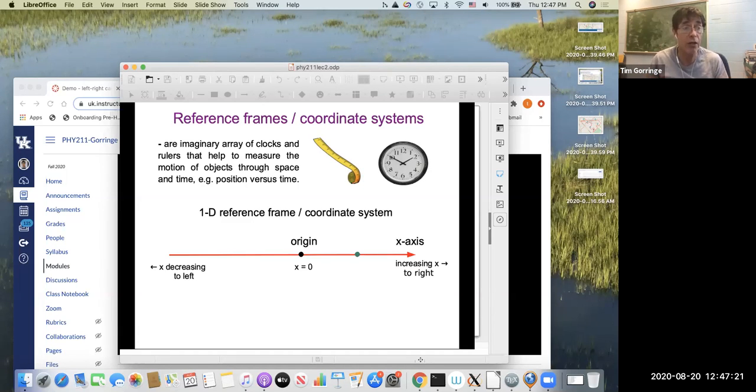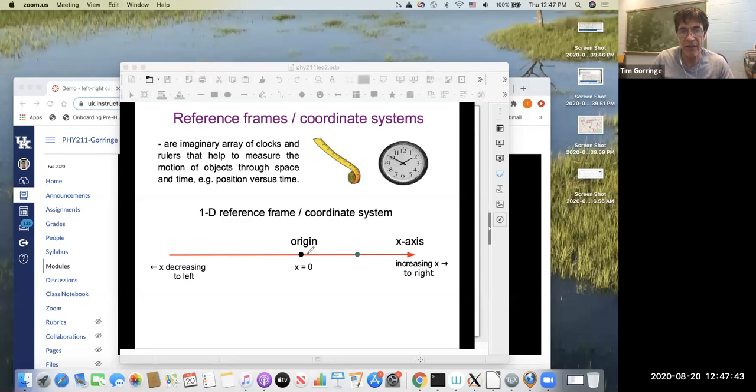And what we're going to be talking about here is one-dimensional reference frames. And so I've sketched on this slide here a one-dimensional reference frame for us to look at, and we're going to get used to these sort of sketches. So over in the center here, this little guy, that's the origin. I'm going to call the position in the reference frame X, and that's where X is 0.